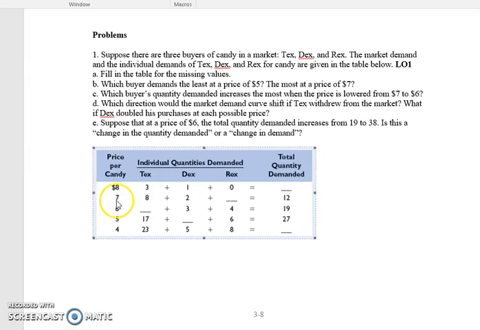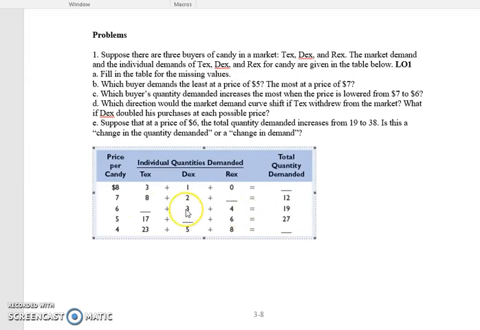Going from the second row to the third row, Dex's demand will increase by 1, from 2 to 3. Rex's demand will increase from 2 to 4. But Tex's demand will increase from 8 to 12.